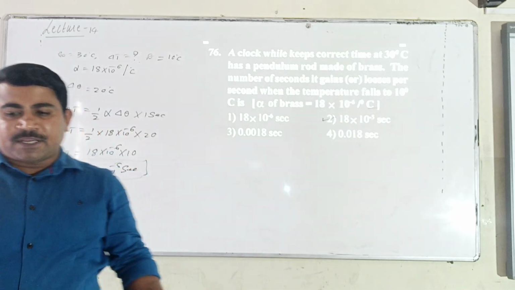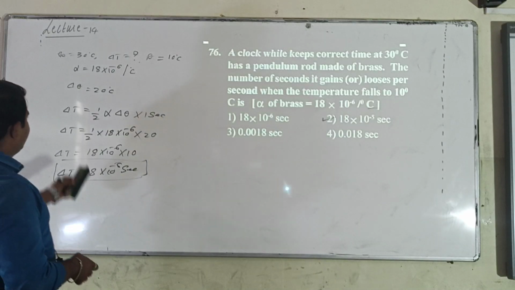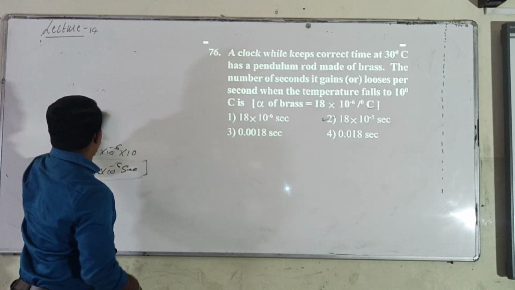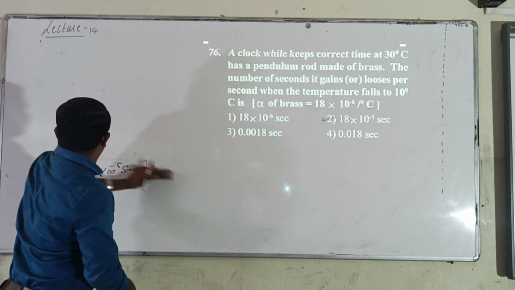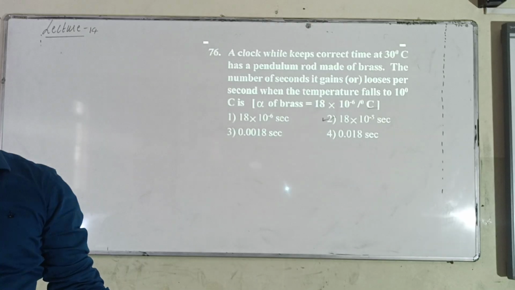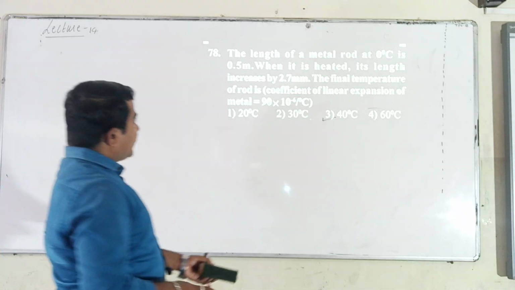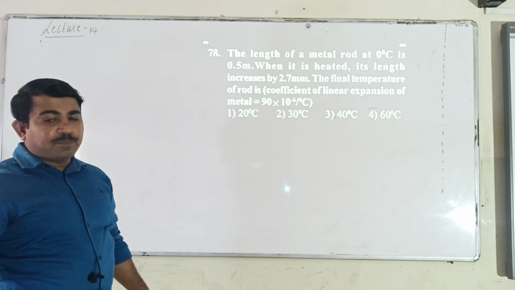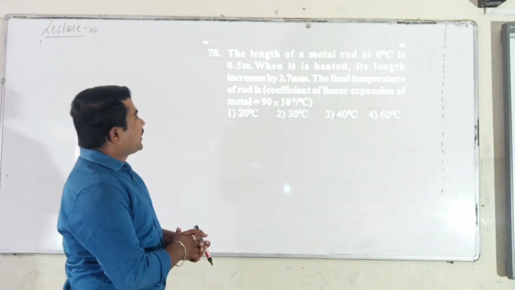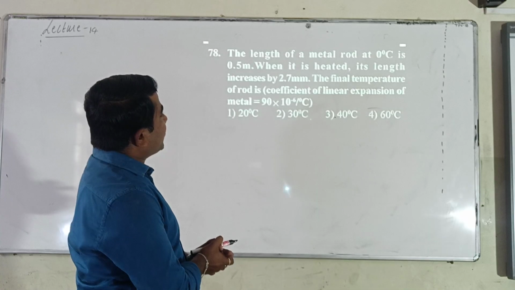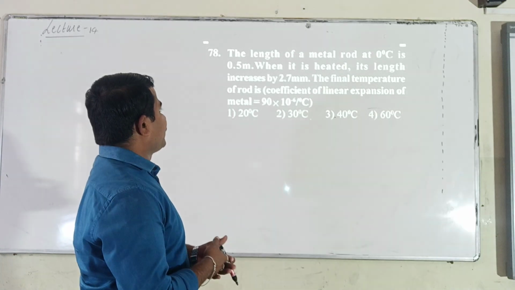Shall I move to the next numerical? Next numerical I can go. The numerical is, look at me: the length of the metal rod at 0 degrees Celsius is 0.5 meter.